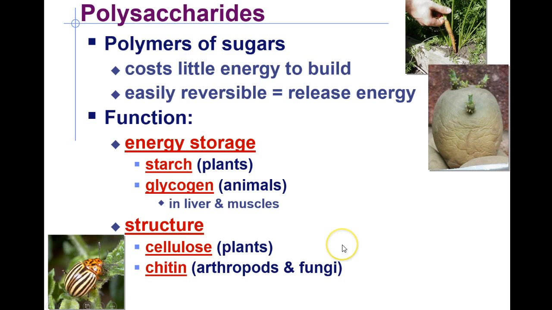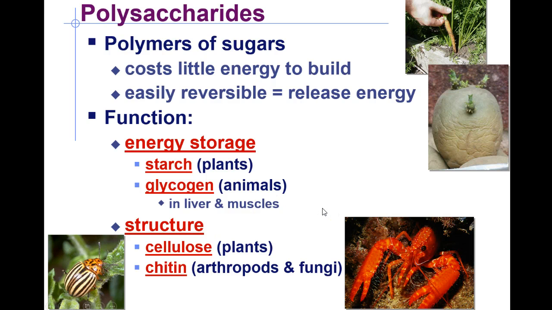It's got a little bit different bond on it. Chitin forms the exoskeleton of bugs, insects, crustaceans, and it's another reason why when we eat seafood like this, we don't actually eat the exoskeleton. Granted, it is a carbohydrate, it's a polysaccharide, but we can't digest it. We don't have the enzyme to do it.